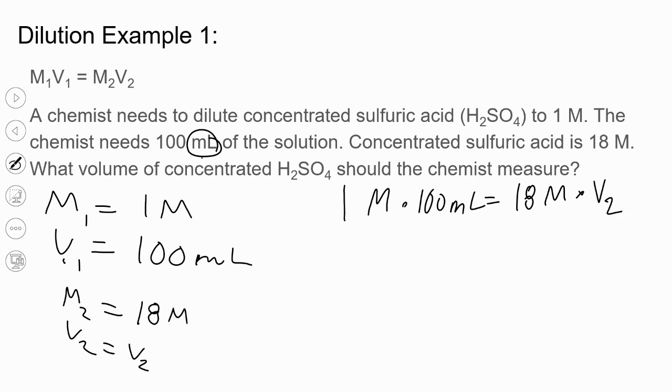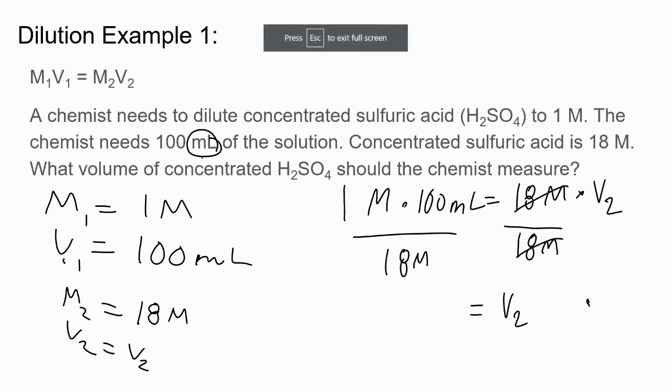How are we going to solve for V2? Get it by itself. Good. These are multiplied. Good. So if we divide by 18 molar on both sides, 18 molar cancels out, simplifies to 1. We have volume 2 is this. And then we can also look at our units.